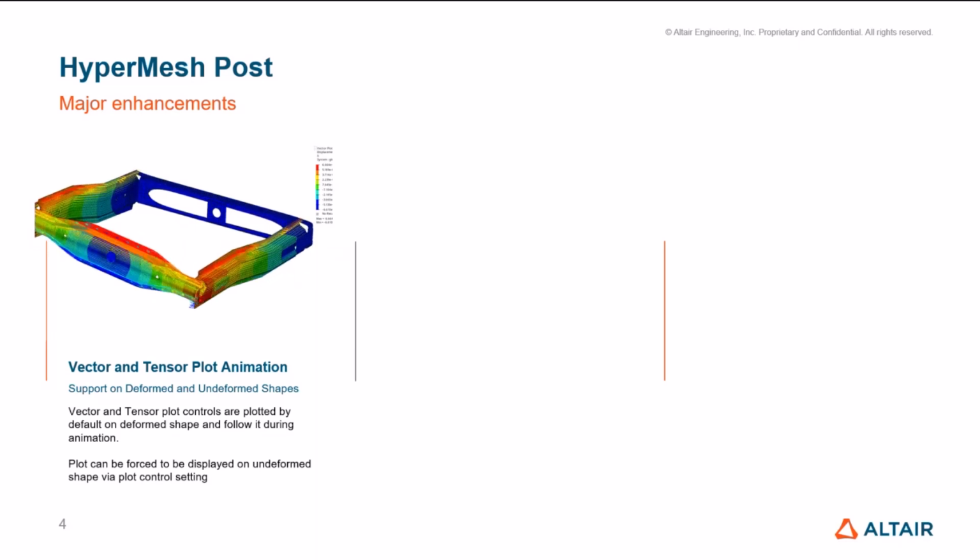The beauty of this development is that you can activate the vector and tensor plot either in the deformation mode, which is the default, or you can trigger in the plot control entity editor the possibility to display either or both vector and tensor plots on the undeformed shape. This is not, for example, available in HyperView as such, but is one of the requests that we have been hearing, coming specifically from other competitor tools, specifically in the aerospace branch.